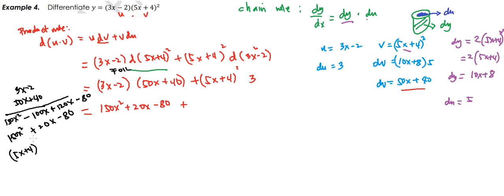So, we know na 5x plus 4 squared is also equal to 5x plus 4 times 5x plus 4. Okay? So, pwede nyo pong gawin ulit yung FOIL method kung doon kayo sanay.